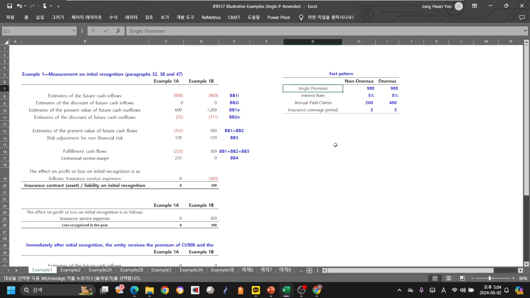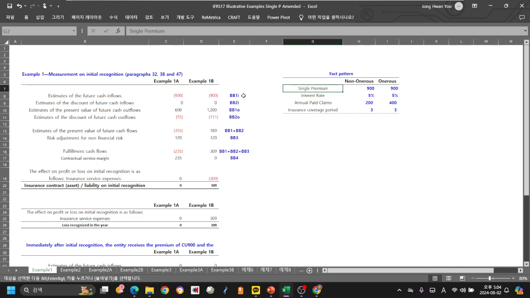The annual paid claim is 200 for non-onerous, 400 for onerous, and the insurance coverage period is 3 years, which is very simple and easy to understand. Some people say we don't have such cases. Yeah, obviously this is just a fact pattern, okay? And we are just going to demonstrate how the measurement works.